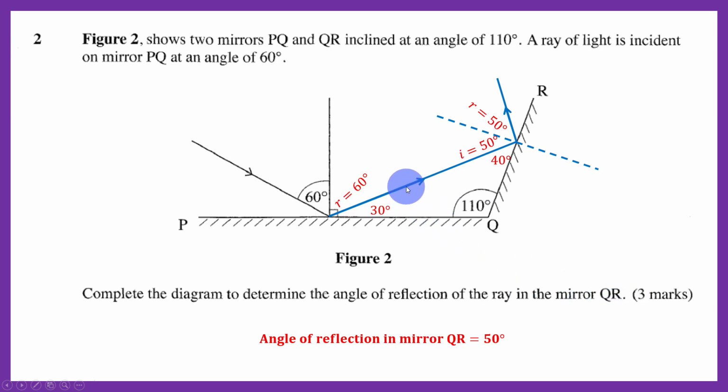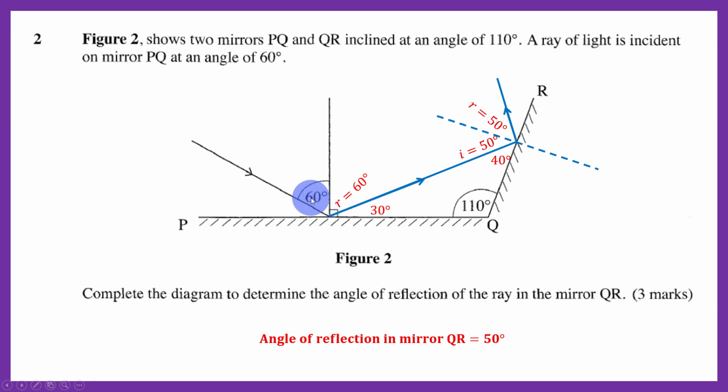When you draw ray diagrams, make sure that you show the incident ray or the reflected ray, and you must include the arrow. The next thing you must do is to identify the angle of incidence and the angle of reflection at each point of incidence, like I've done here.